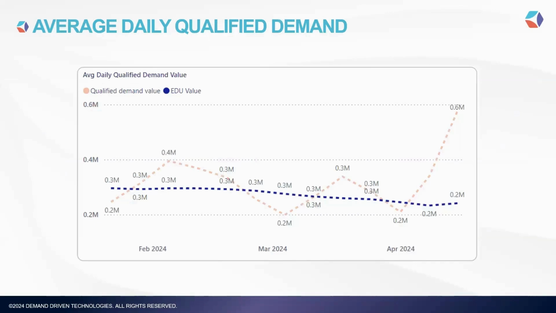Average daily qualified demand. This is another chart I would look at. It is in that first chart with all the charts, in your buffer trend section, where you'll find your average daily qualified demand. What we're looking at here is your qualified demand versus your EDU. If your qualified demand is always above that EDU, that might be a sign that you've got some back orders going on.